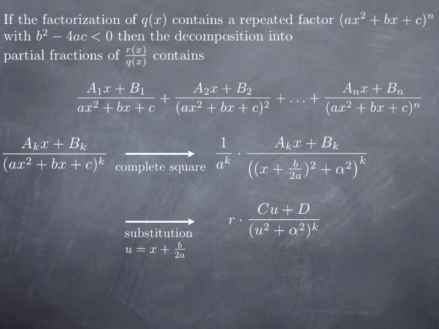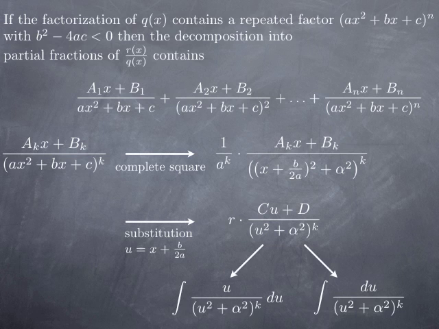In this, we're going to do what we've done in the case where k was 1, that is, split the fraction. On one end, we're going to need to integrate u over u squared plus alpha squared to the k, and on the other end, 1 over u squared plus alpha squared to the k. In the first case, we can proceed as before.